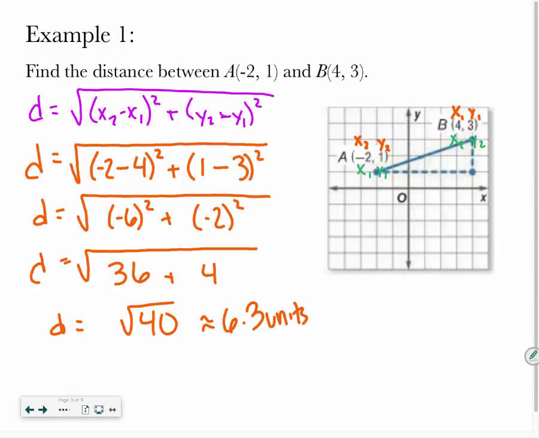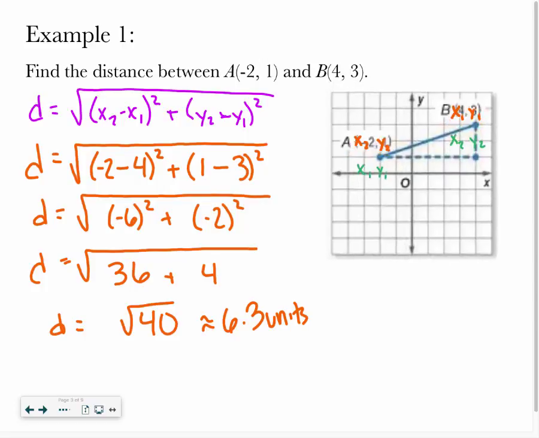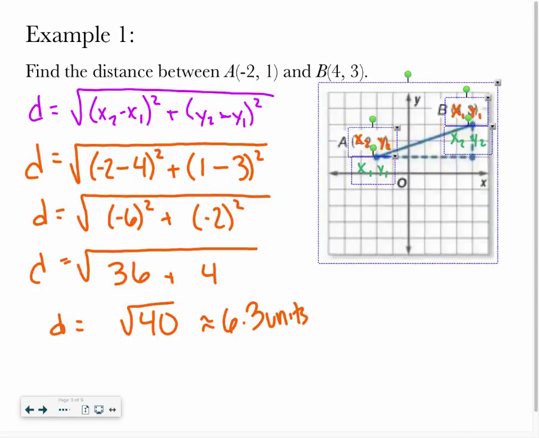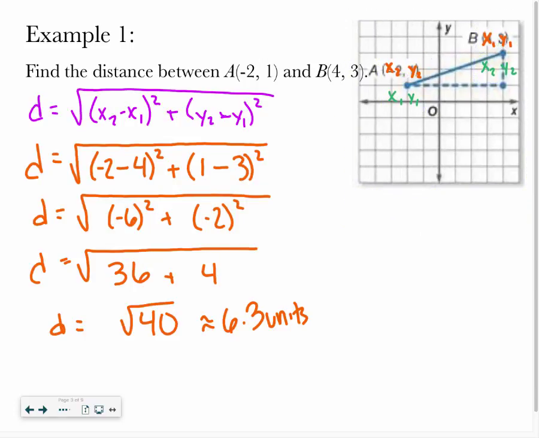Let's try doing it the other way and see if we truly do end up at the same answer. So I have d equals the square root of, we will do 4 minus a negative 2 squared plus 3 minus 1 squared.